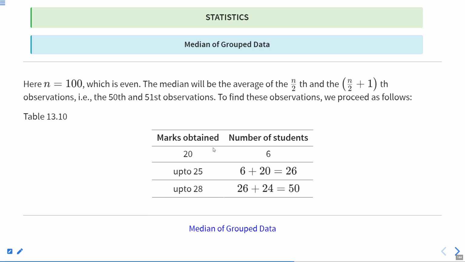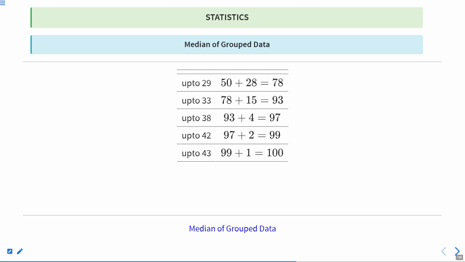Marks obtained 20, the number of students 6. After 25, number of students 6 plus 20, that is 26. After 28, 26 plus 24, that is 50. After 29, 50 plus 28, that is 78.